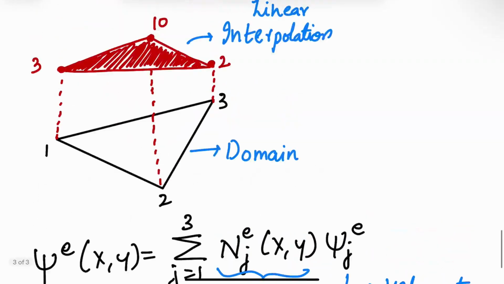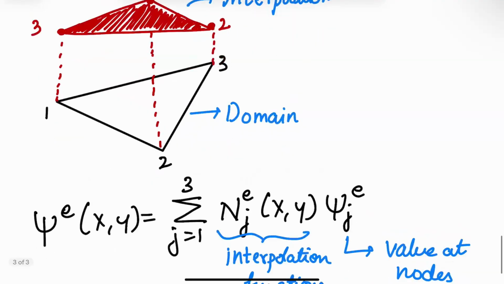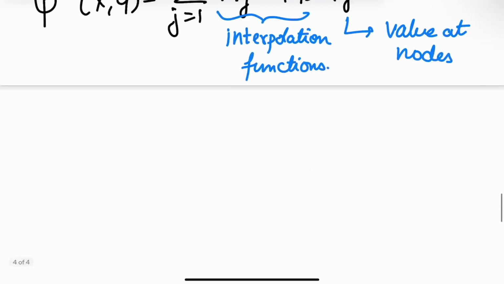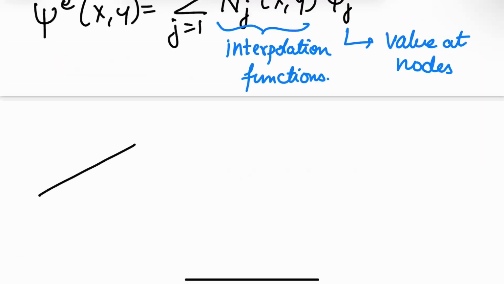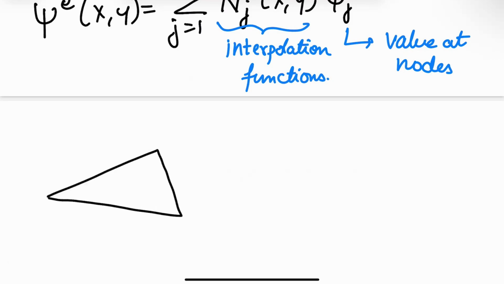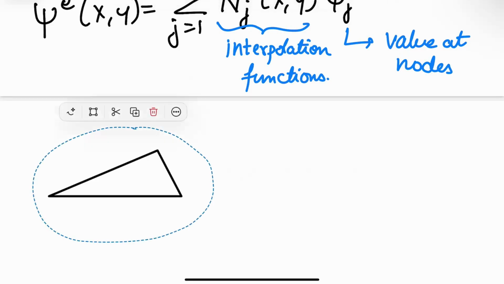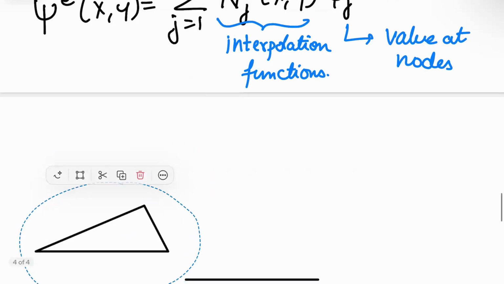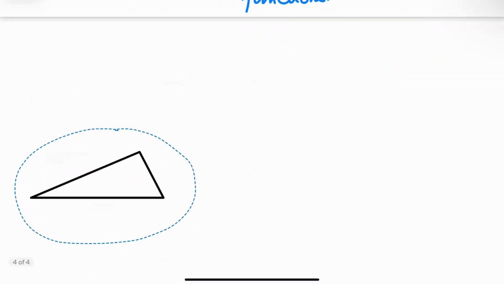Okay, so let's take a look at them. So maybe we can do it in a new page. So I have the same triangle, let's say. Let me draw that again. Okay, so I have this triangle. So actually move this down a little bit. Okay, and I also want to make copies of it.